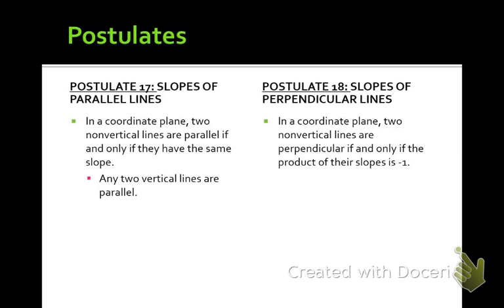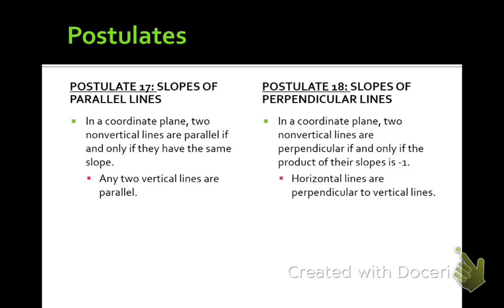Perpendicular lines, their slopes are going to be negative reciprocals. In other words, if you were to take their two slopes and multiply them together, their product would be negative 1. But they're going to be negative reciprocals of each other.